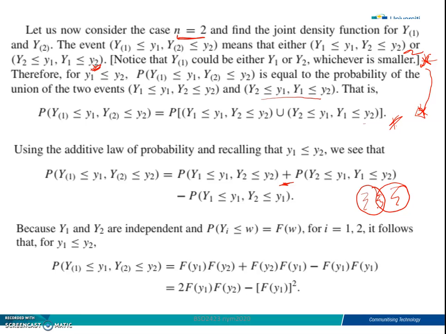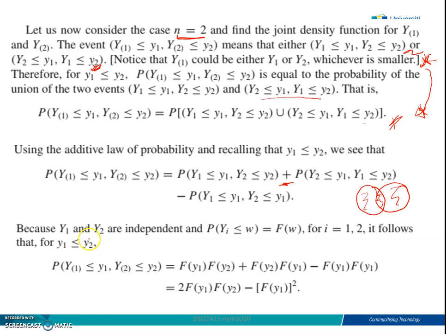Because y1, y2 are independent, the probability that yi is less than w equals the distribution function of w, where w is a new variable for i from 1 to 2.